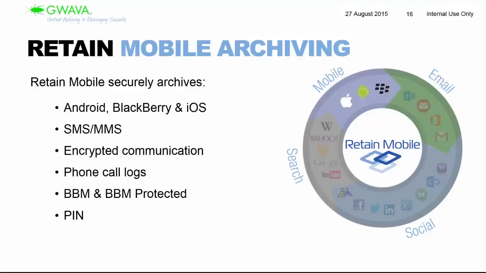And then for iOS, that's what I was talking about with CellTrust. So we all know that Apple has locked down the messaging and locked down iPhones. They haven't released any kind of APIs to be able to archive iMessage, or to pull down the phone call logs.